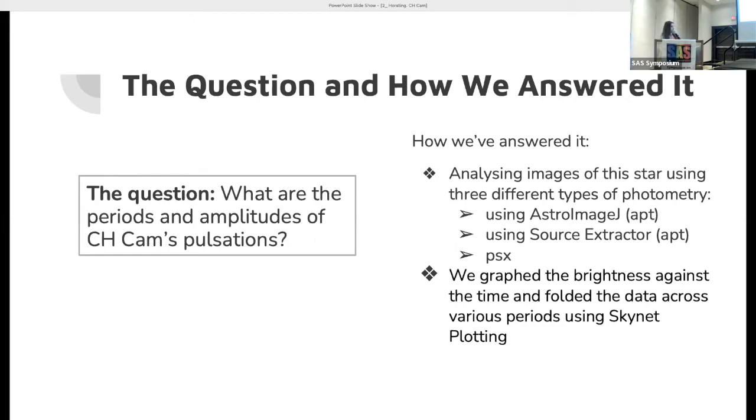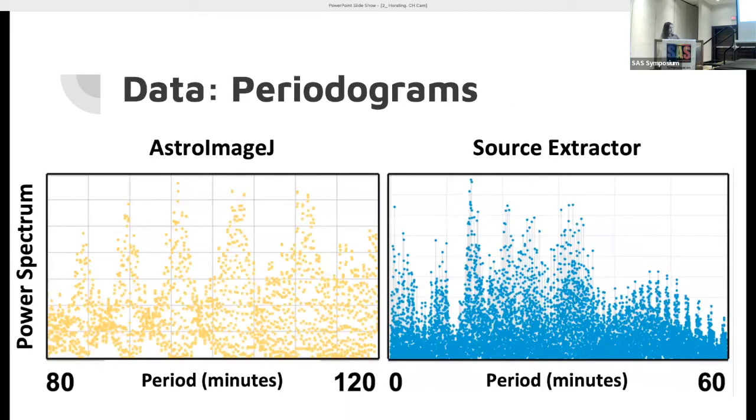Next slide, please. Okay, so here are 2 periodograms from our analysis. On the left from Image J, and on the right from source extractor. As you can see, or maybe not, they have different magnitudes, and also are with different lengths of period.